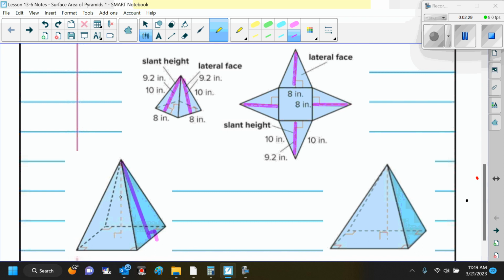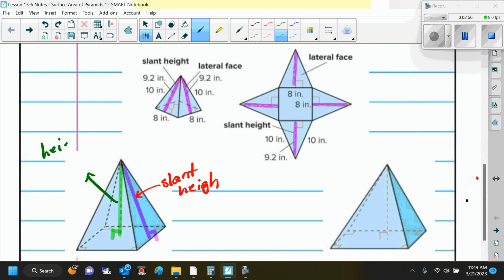Now, you'll notice that there's another height in here. This height right here is not the slant height. This is the actual height of the pyramid. So this one is a slant height, and this one in here, let's do that in green, is the height of the whole pyramid.